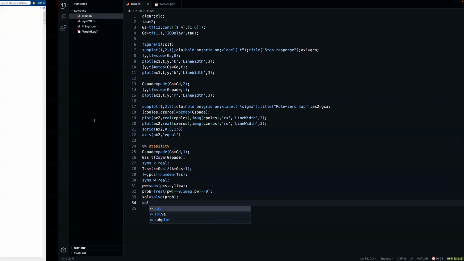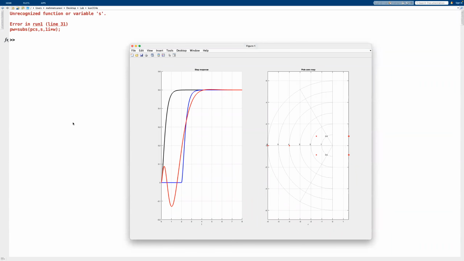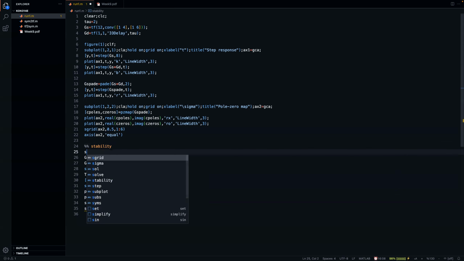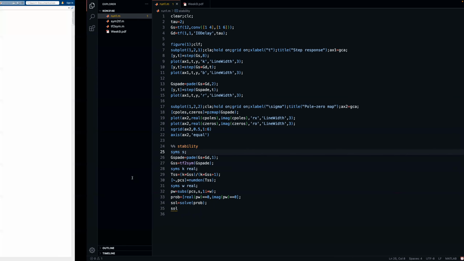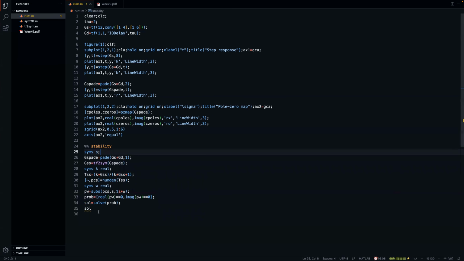So let's see. Of course, we need s. Let's place it here. There we go. Now we have 3 values.